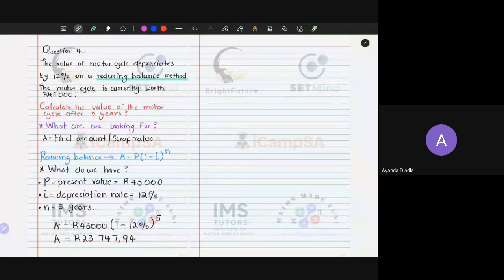So what is this saying? This is saying that if your motorbike now, if you were given this deal, is worth 45,000, 5 years later, when you try and sell it, the market value of it will be 23,747 rands. Is that a good deal, guys?